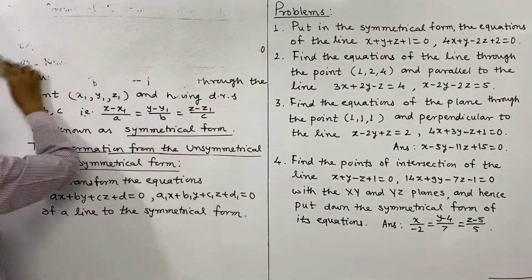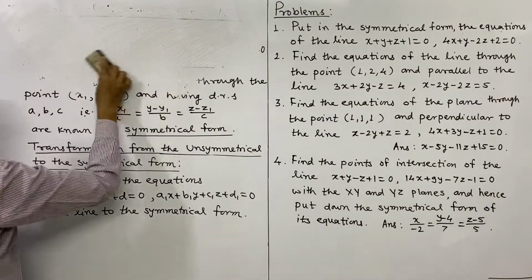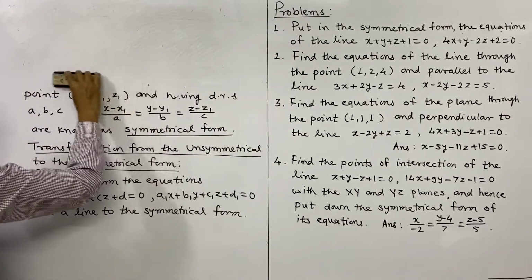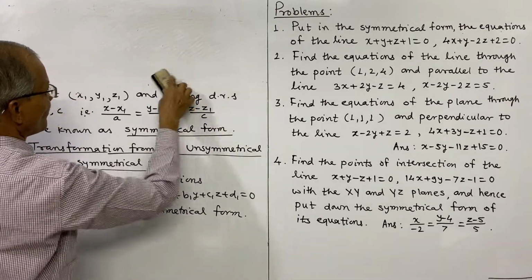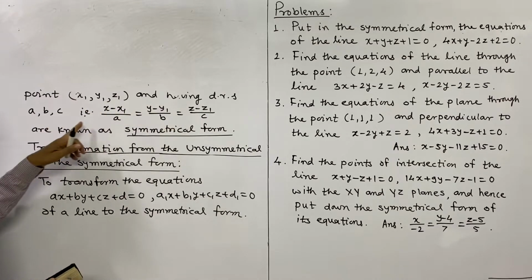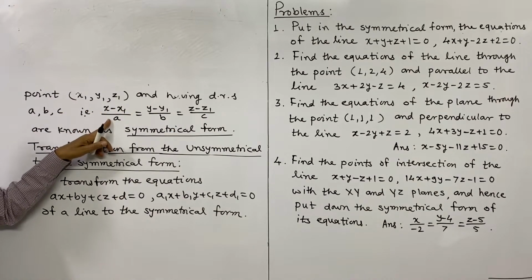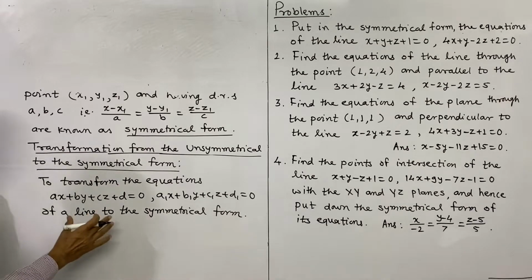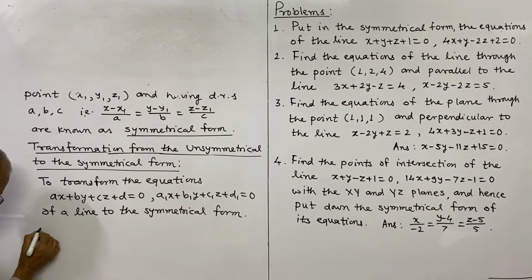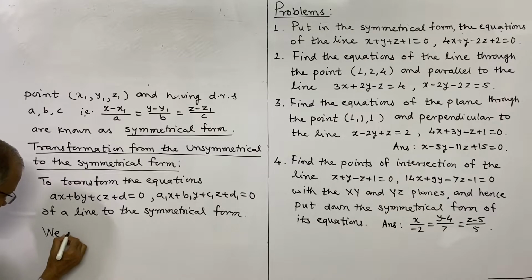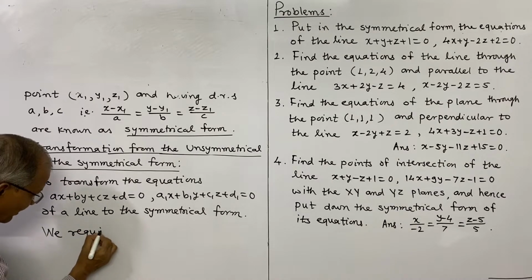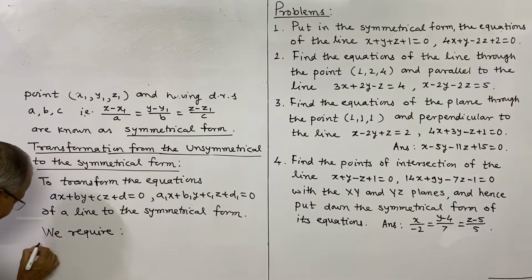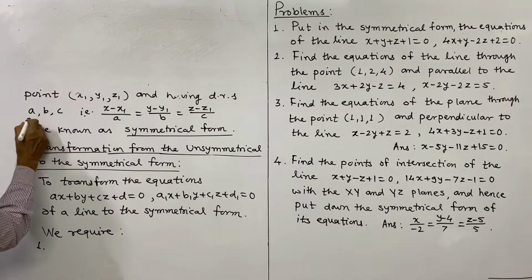Now we know that to write the symmetrical form, two things are required: a point and the DRs a, b, c. Then we can write this symmetrical form. Therefore we require two things. First, we will consider the DRs.